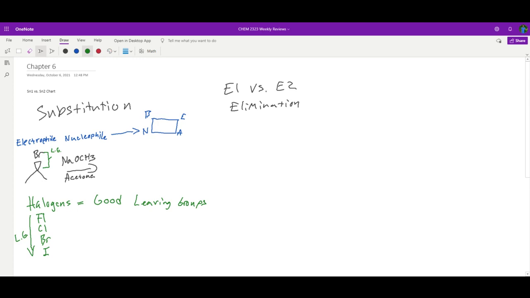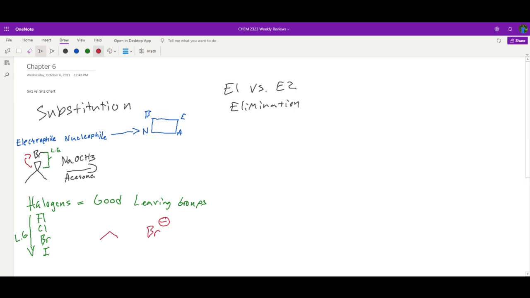It also has to do with size, actually. I'm not sure, so it's size and acidity, kind of. When the leaving group leaves, it takes its electrons with it, so it will contain a negative charge.